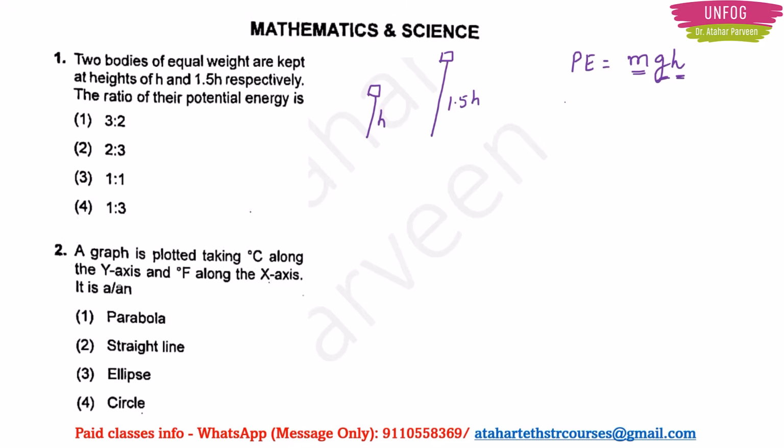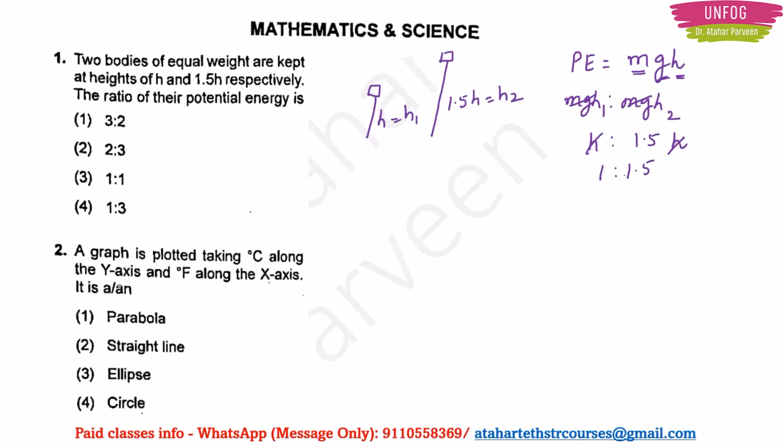We take the ratio mgh1 is to mgh2. What is h1? It is h. What is h2? It is 1.5h. Because the rest of the things are the same, we can cancel them. So we have 1 is to 1.5.